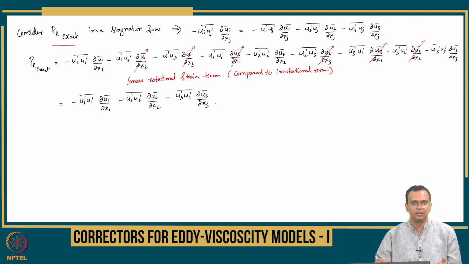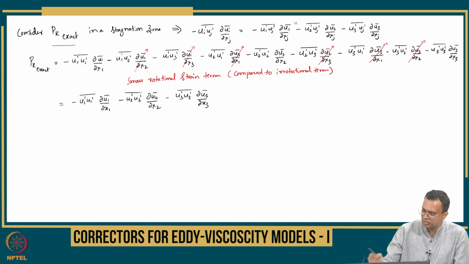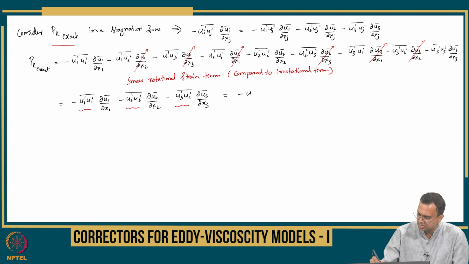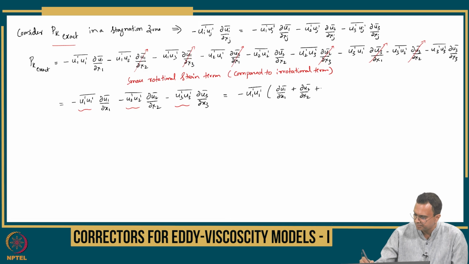The second condition that occurs in a stagnation zone is local isotropy. Now that means the three components here, they are statistically isotropic, right? So that means this is equal to, essentially I can write only one component instead of three, and that will be sum of dou u1 bar by dou x1 plus dou u2 bar by dou x2 plus dou u3 bar by dou x3.